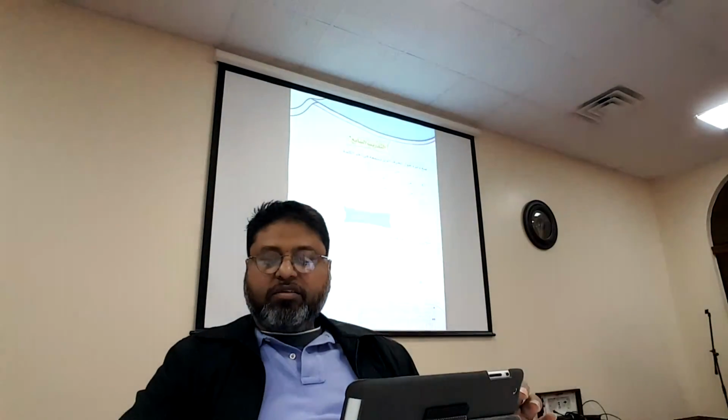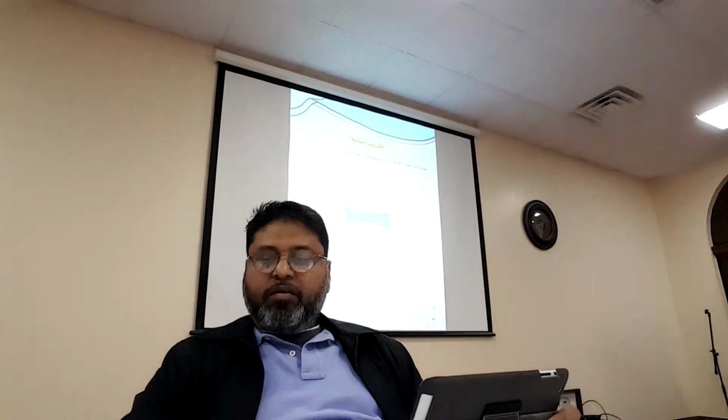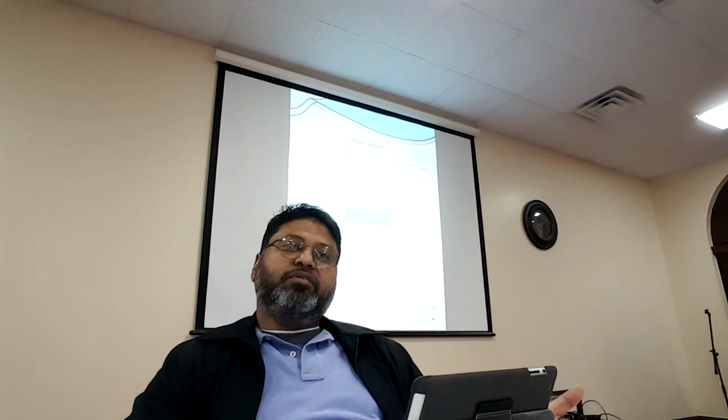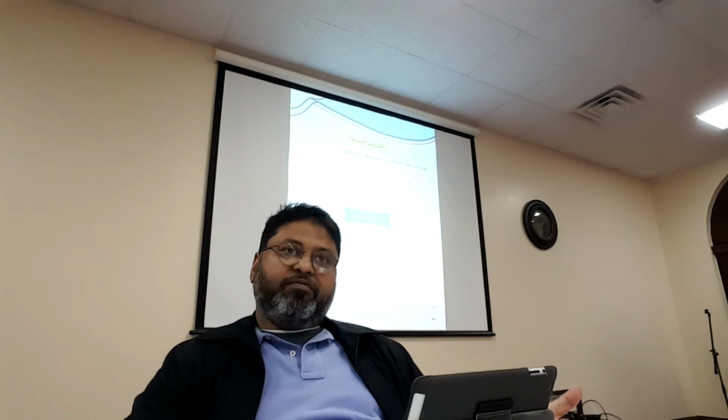Okay, looks like we don't have all of that here. But in your book, the first word is called Arnab. So it starts with an Aleph, page 37. Arnab is a rabbit.